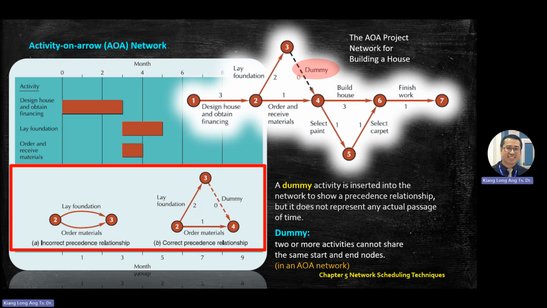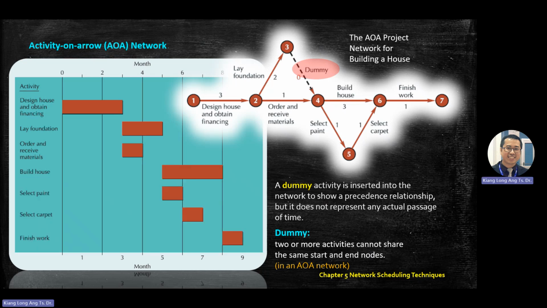What's your question? Select paint and select carpet are not starting from 4, right? Select paint is starting from 5, right? Select paint is at the same time as build house. When you start build house, you can select paint already. But the starting point is from 5. Yeah, they both start at the same time.